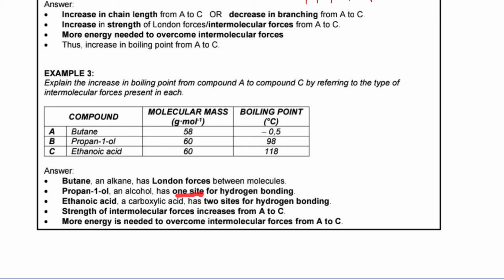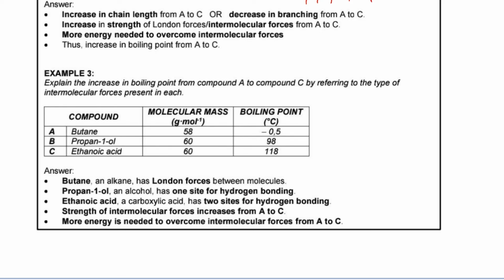The reason to state one-sided and two-sided hydrogen bonding is that both of them are hydrogen bonding. But if there was only alcohol, no acid, there was no need to say one side, you would just say hydrogen bonding. But now, by saying two sides and one side, you are differentiating this type of hydrogen bonding.